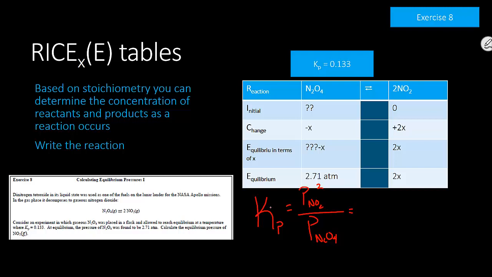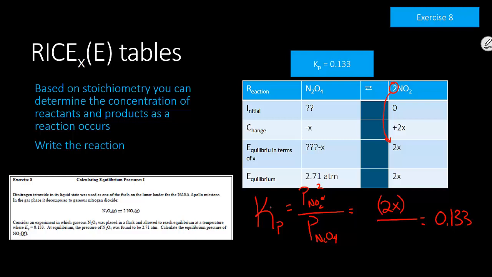Since we know what Kp equals, 0.133, we can determine this unknown value. This unknown value has to be 2 times the change based on the stoichiometric coefficient, that as dinitrogen tetraoxide is used up, it would produce 2 nitrogen dioxides.